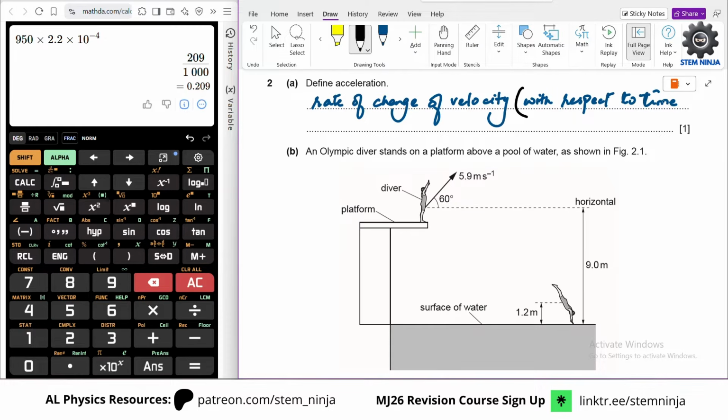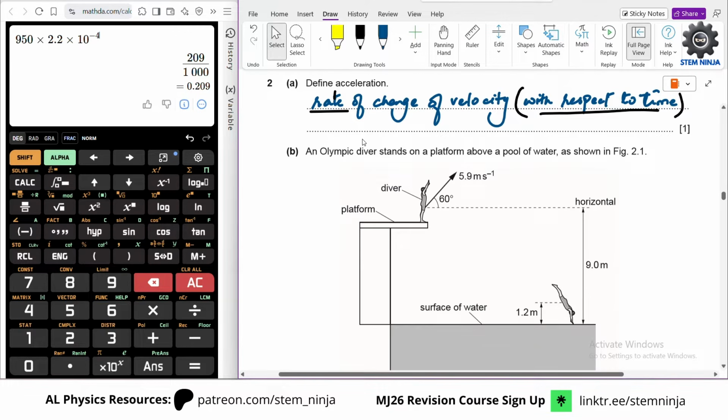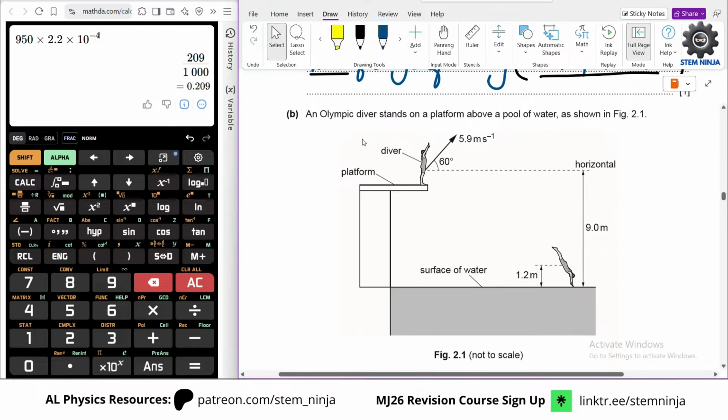With respect to time just clarifies what the rate is between, because rate can also imply currency rate. However, even if you don't write this phrase, you will still get the required mark, but with respect to time clarifies what the ratio is between the two quantities.